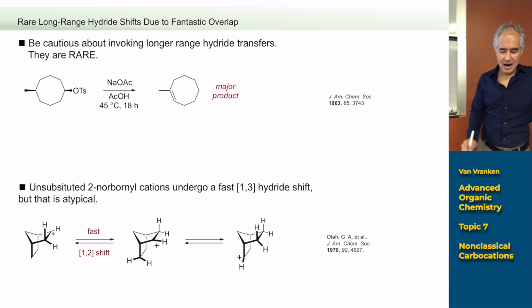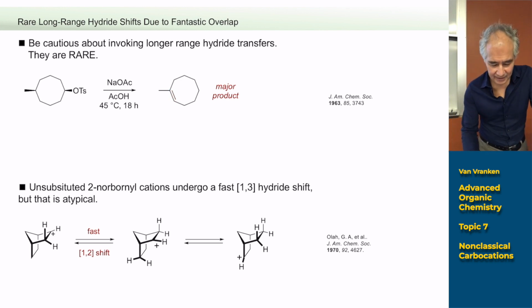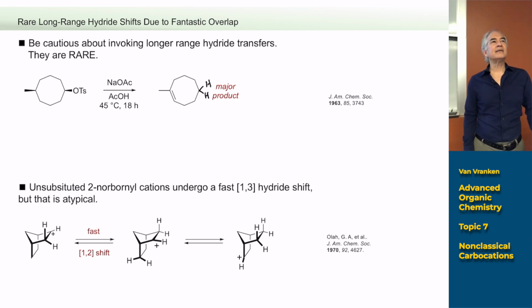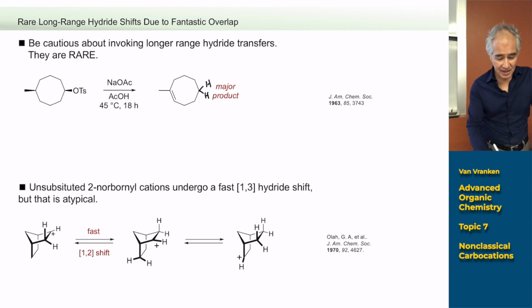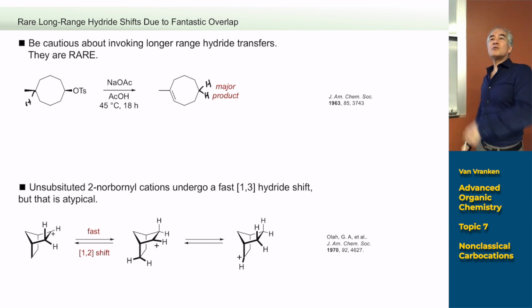I know you can all see that we formed a CC double bond. Don't get focused on that. That's not at all interesting. The interesting thing is that there are now 2 H's over here on this carbon that had the tosylate. And if you're looking carefully, you can see that there used to be an H here that's no longer there. A hydrido group has leapt across the ring and landed on the opposite side. That's what happened here. Now, how do we explain that?